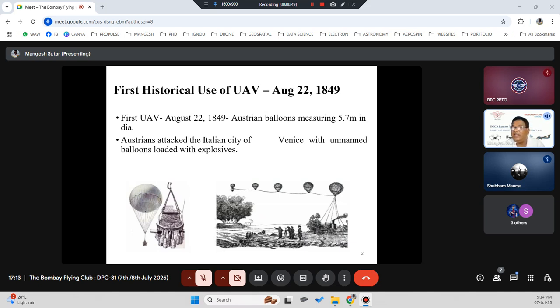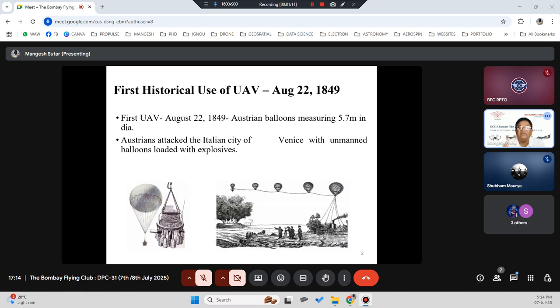So it was in 1849, August 22nd, 1849. Basically, the Austrians used helium or hydrogen powered balloons for attacking the Italian city of Venice, with unmanned balloons. They would fill the balloon with hot air or helium gas.